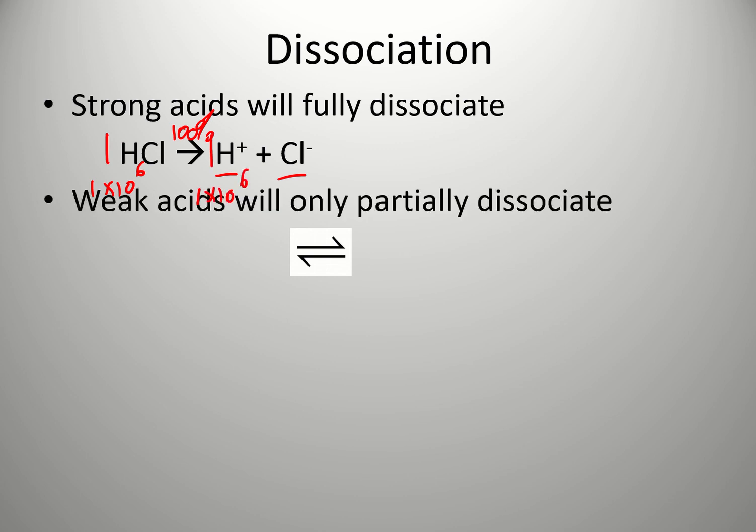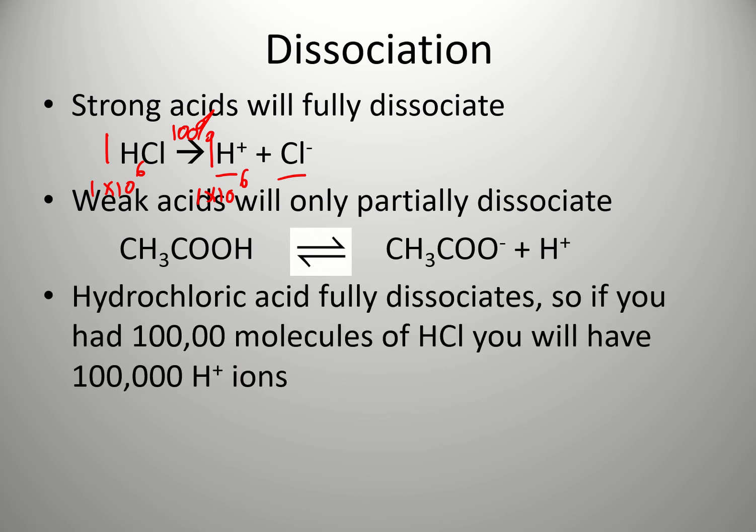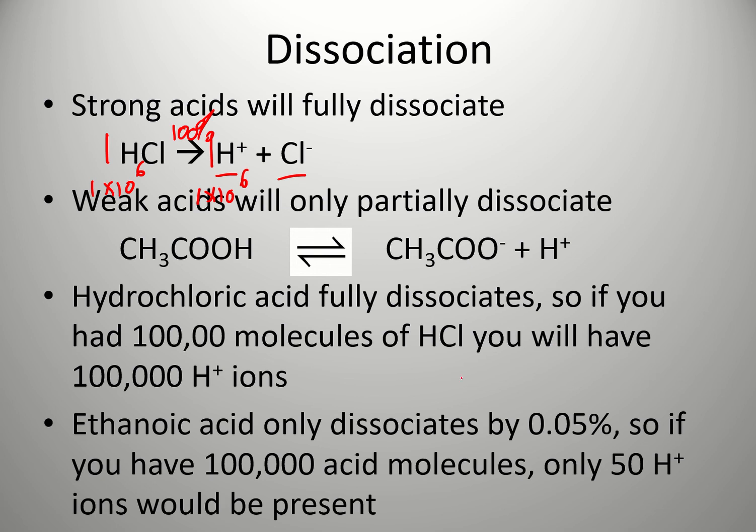ions. Weak acids only very partially ionize. So if I had some weak acid, an ethanoic acid, 0.05% of it might ionize. So if I had 100,000 particles of this, that would only give me 50 hydrogen ions.